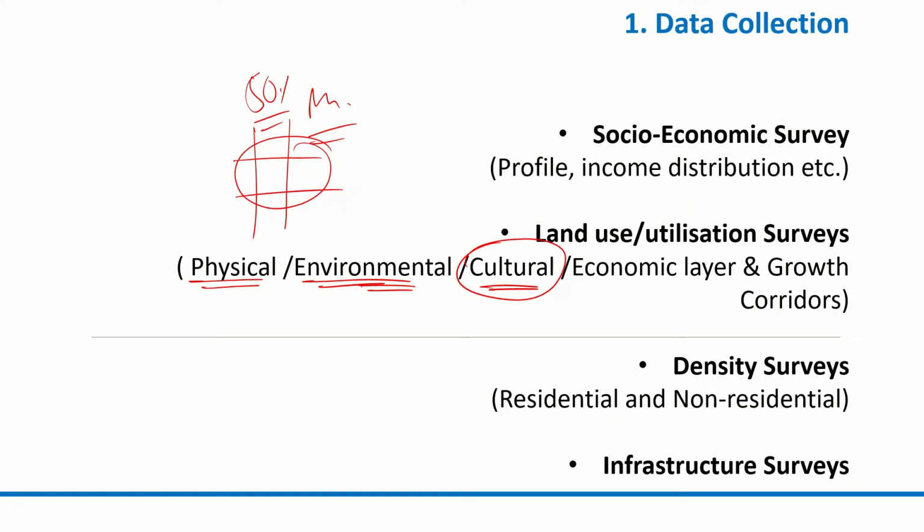Okay, what is that culture, and how is it reflecting in the town? Or it can be on economic layer. Okay, and like I said, this is known for leather industries, and how that has influence or how that is inculcated in the town.